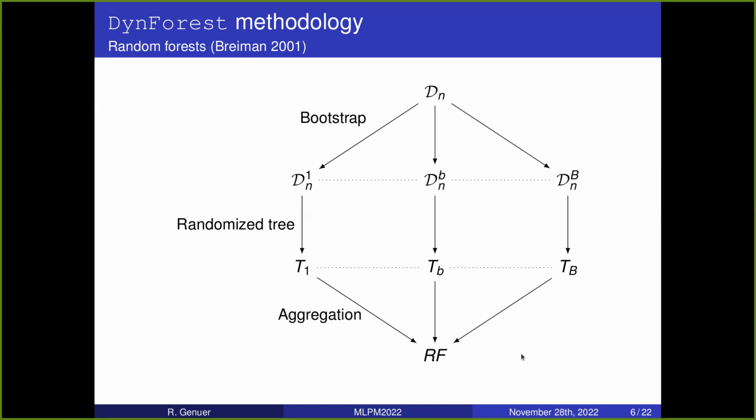So I will detail what a decision tree is in our case, a survival tree, and then show how our random forest methodology will be able to take into account longitudinal markers.